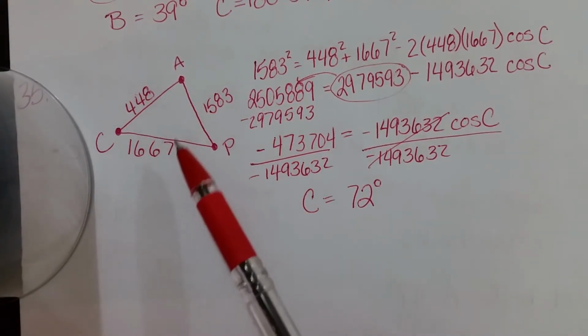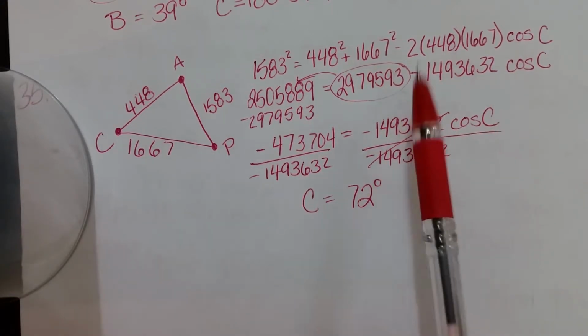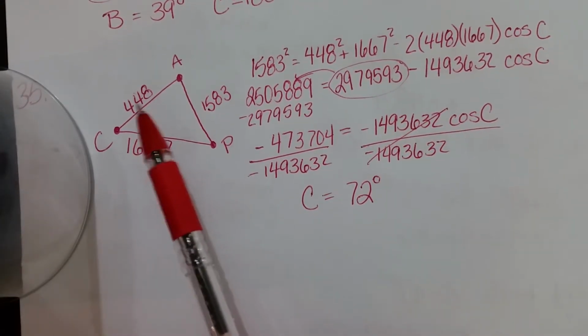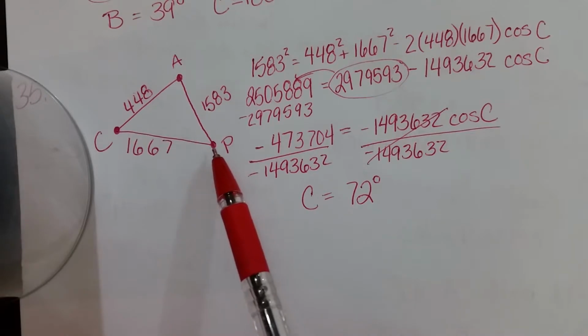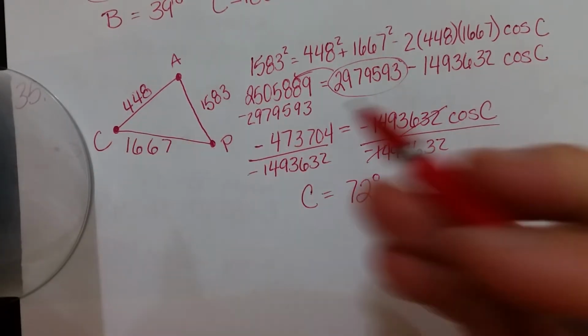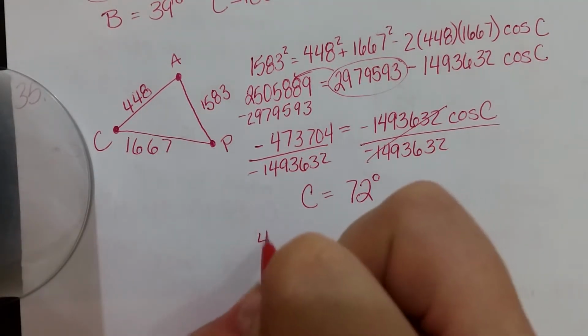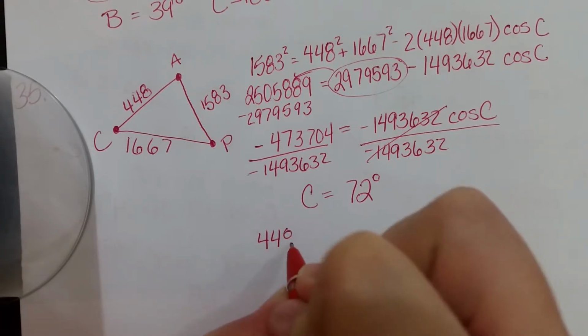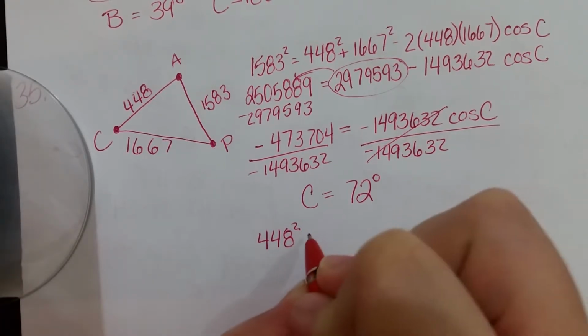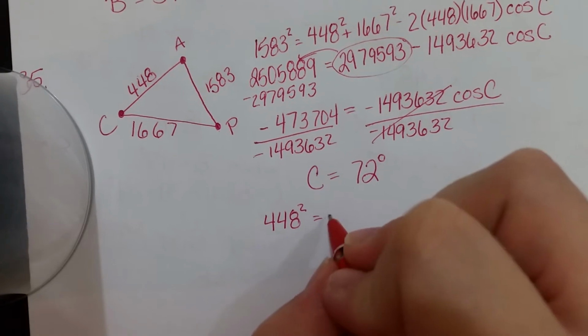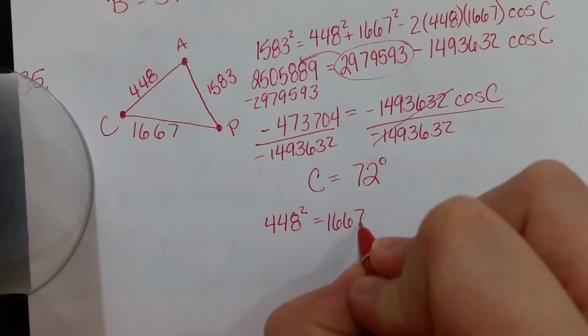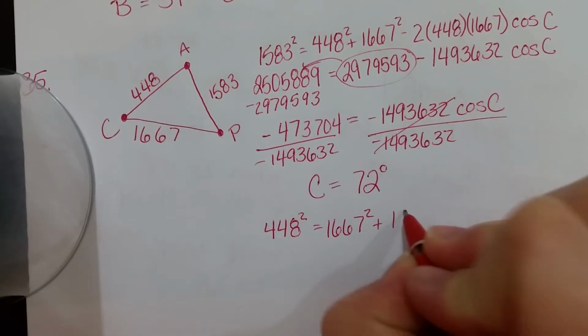I'll show you sort of what you could do if you don't want to write it all out. So let's go ahead and look for P next. So in this case, I'll put the 448 in the front because it's across from the angle I'm looking for. So 448 equals, and then these other two numbers, it doesn't matter which one goes where.